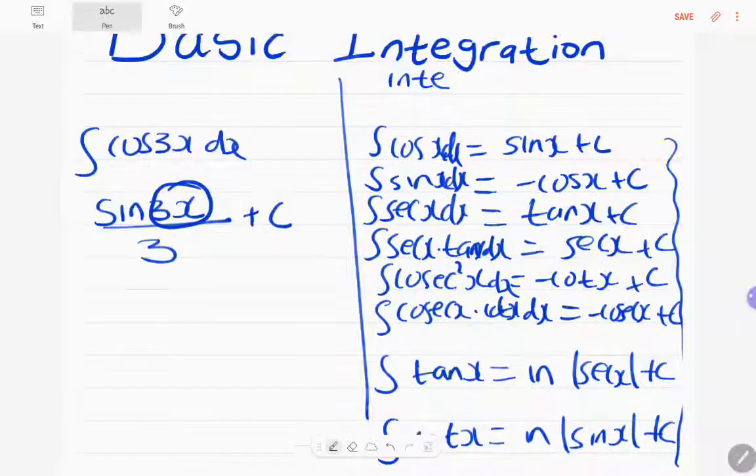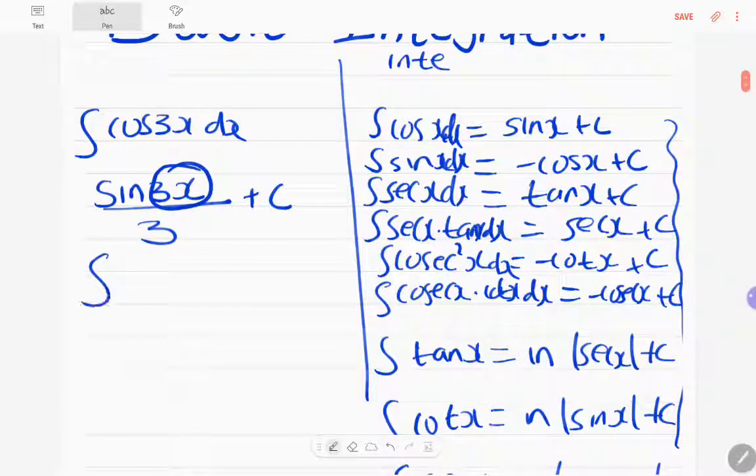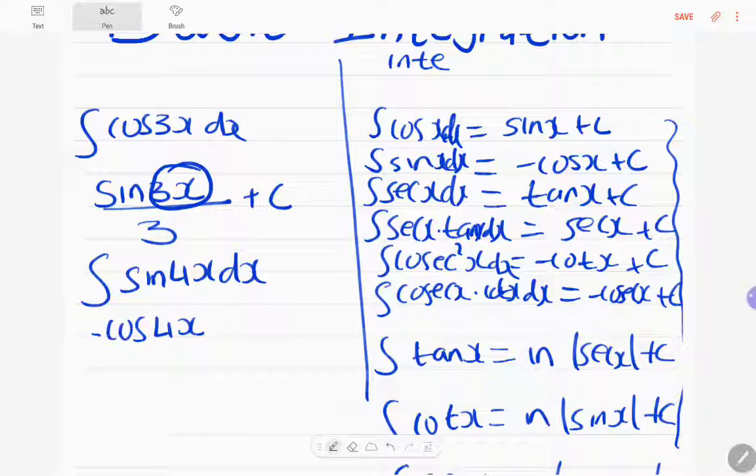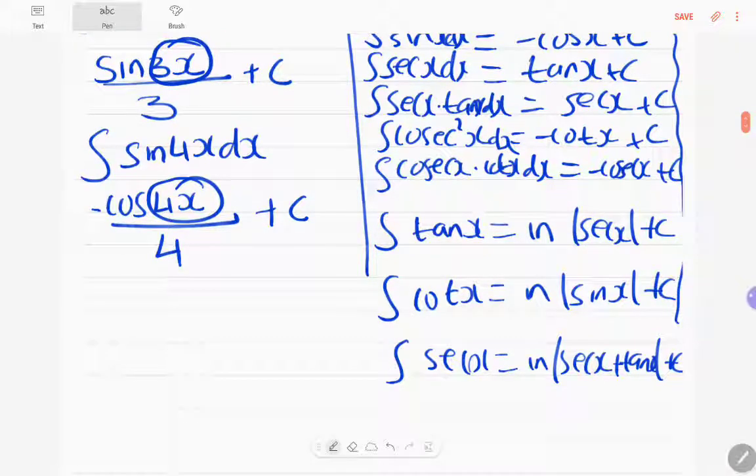So this is your answer. Integral of sine 4x dx. You come and check what is the integral of sine is minus cos. It will be minus cos 4x. You divide by the derivative of this function, which is 4 plus c. This is how you do it.